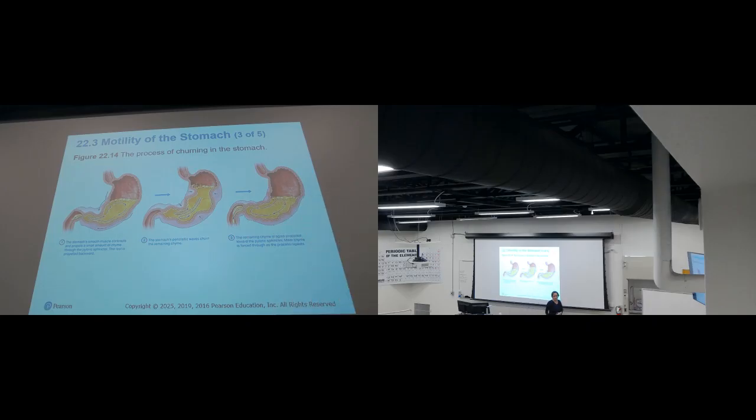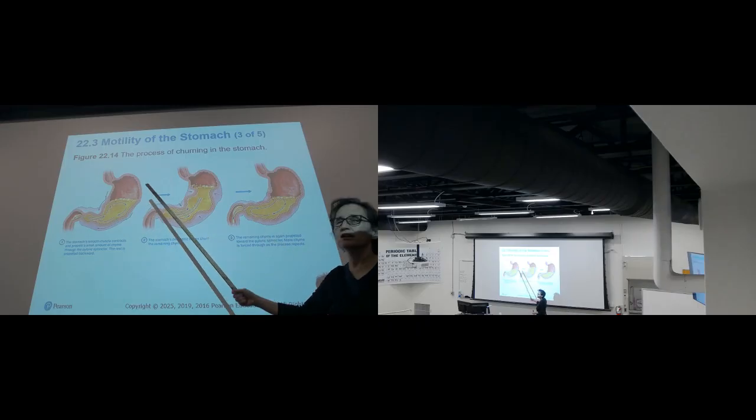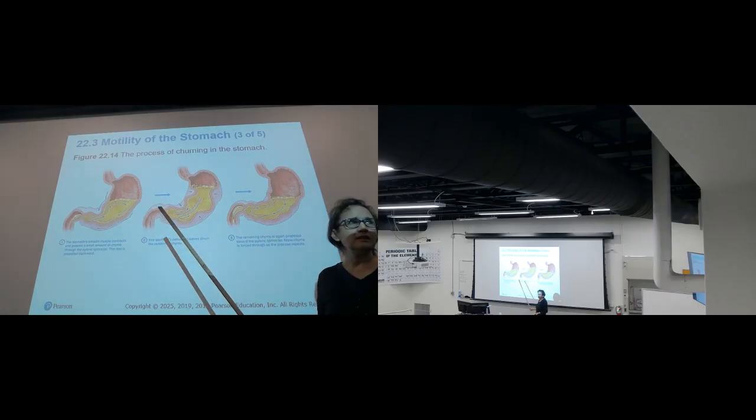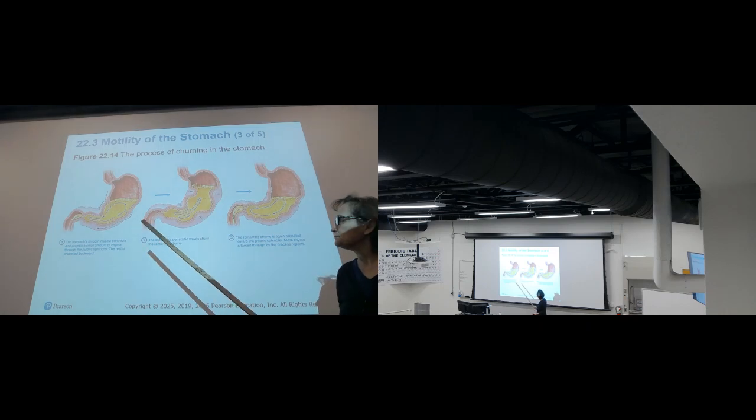Sometimes you might have heard some noise coming from the stomach. This is called borborygmus. And this happens because you have excess of gastrin, and the liquids that you have in the stomach, as they're rumbling, create this noise.